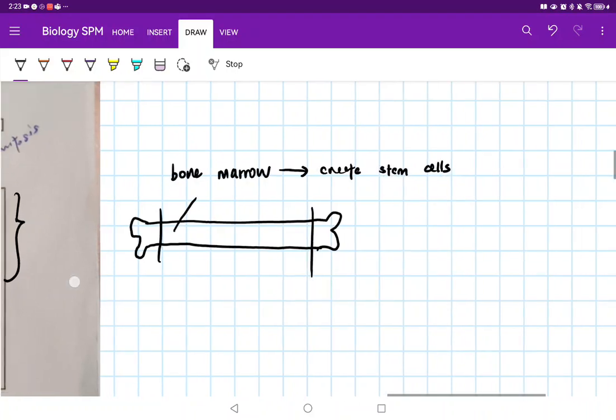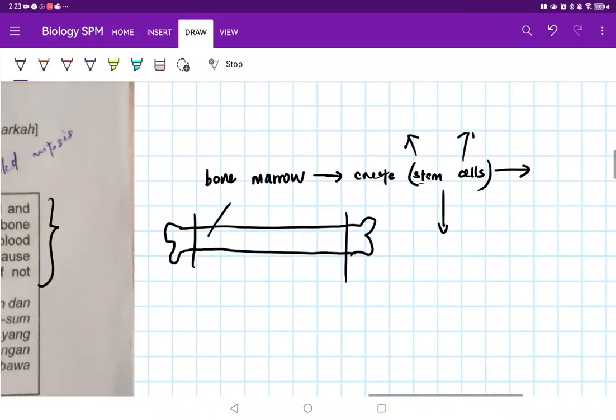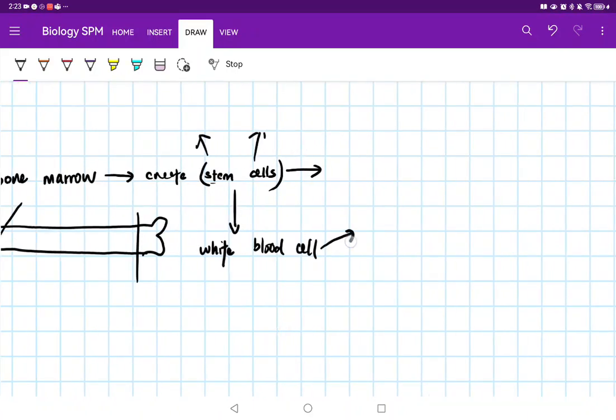These stem cells, we've said before, can become any kinds of cells. In this case, it's the white blood cell. And if you don't remember, white blood cells help you fight diseases, right?